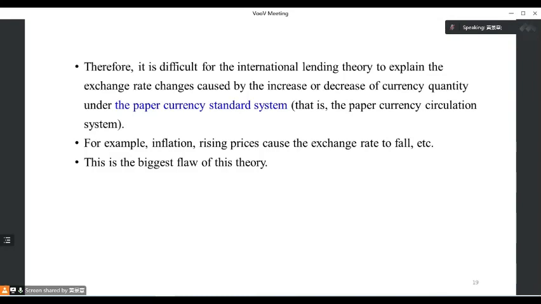In other words, we can say on the paper currency standard system, this theory could not explain how the currency quantity change influences the exchange rate.